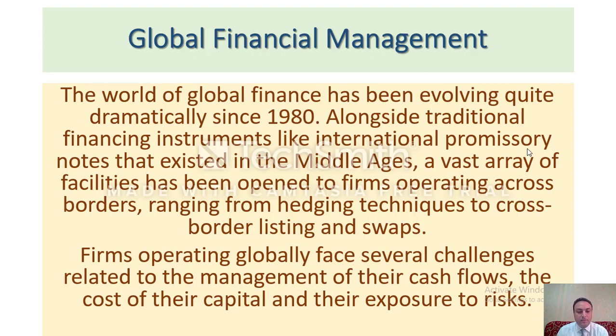in this lesson. So in this chapter, we'll focus on the challenges that firms operating globally may face related to the management of their cash flows, the cost of their capital, and their exposure to risks.